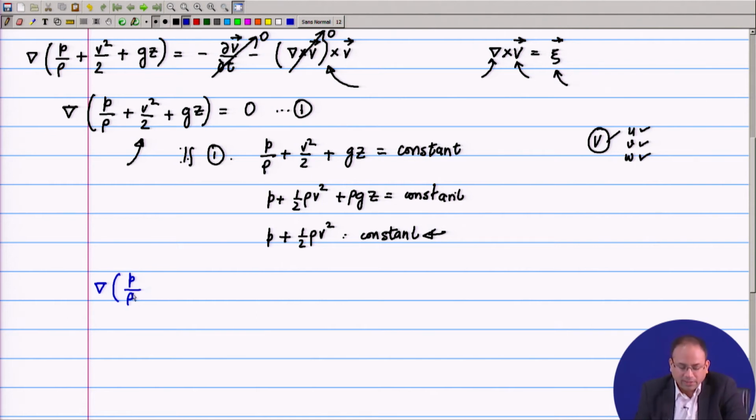We could bring this thing inside that gradient operator only by saying that density was constant. So, now we are relaxing the restriction imposed by A, but B, C, D, etc. are there. So, this time I am saying it is steady, but it is rotational.